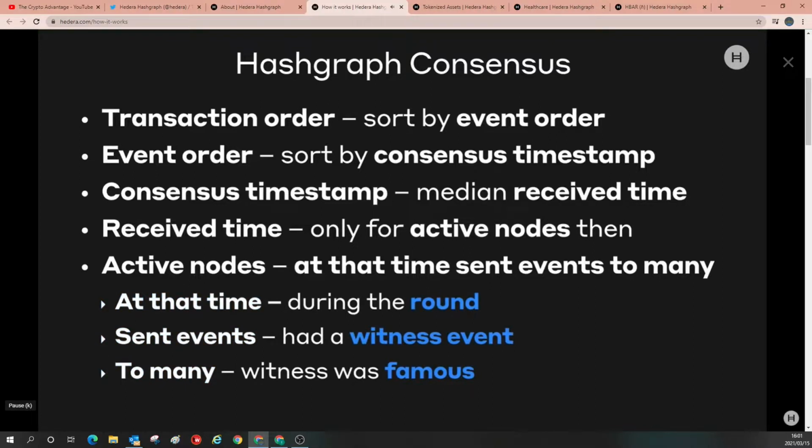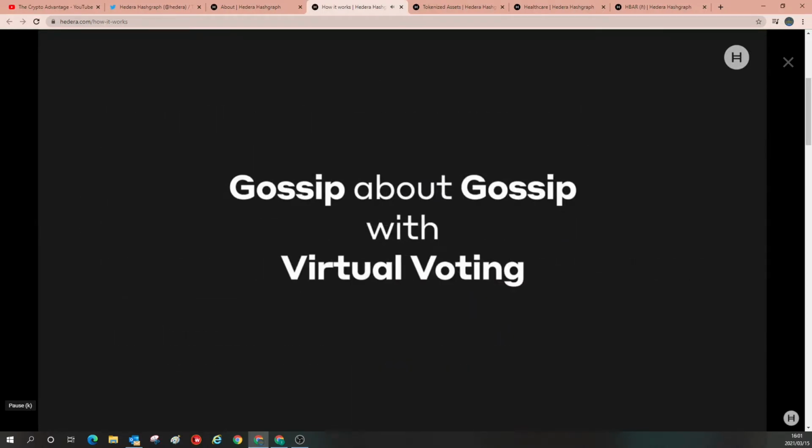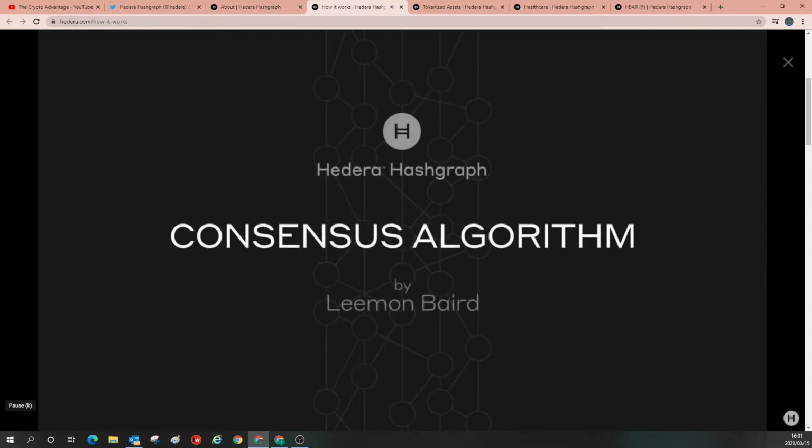We break up history into a bunch of rounds, and we just look at it and say, okay, during that round, did this node actually send out some events? If they did, they have a witness. And did it reach many people at once? If they did, we call that witness famous. And we will weight all of this virtual voting by the stake that they are holding, how many HBARs they own. So, it is gossip about gossip with virtual voting. And that is the Hashgraph consensus algorithm.